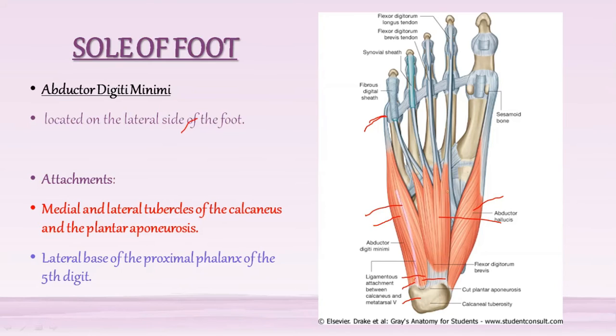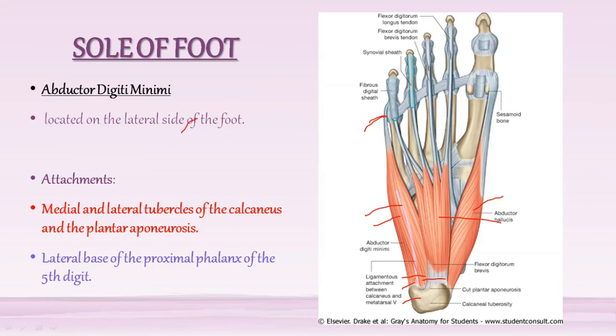Okay, let's revise the attachment of these muscles. The first is abductor hallucis, which is present on the medial side. So it arises from the medial tubercle of the calcaneus, from the flexor retinaculum and plantar aponeurosis, and it is inserted on the medial side of the great toe on the proximal phalanx.